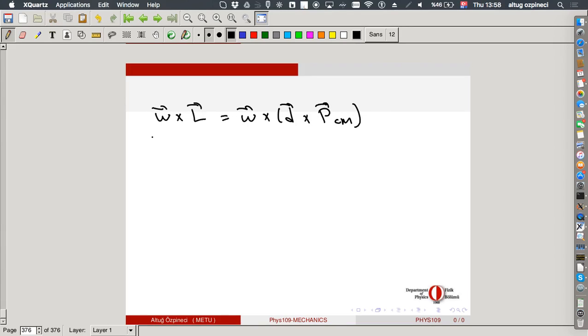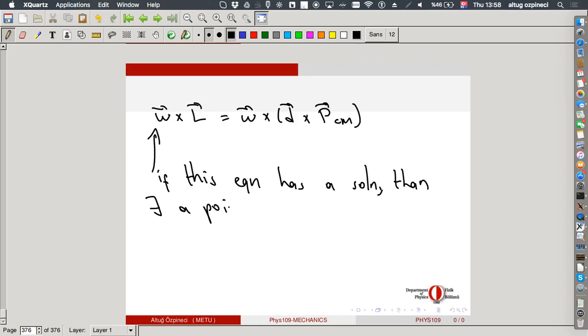So if this equation has a solution, then there exists a point A such that LA is equal to I, of course this time the moment of inertia around the axis A, times omega.